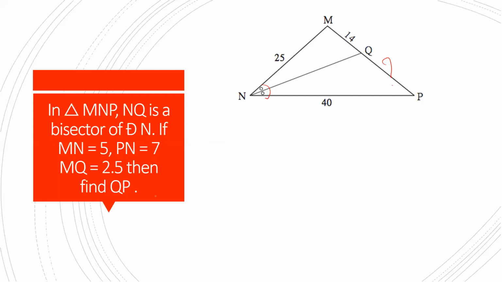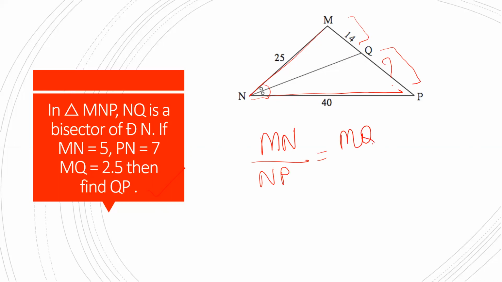You can try it out with these numbers as well. I would give you a hint: it's always the two big sides, one upon the other, and then the two small sides, one upon the other. So you take the numbers given in this diagram. MN upon NP is equal to MQ upon QP.